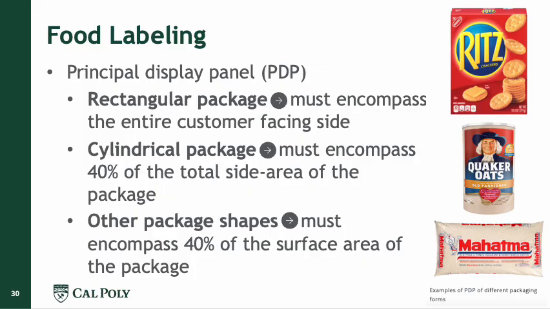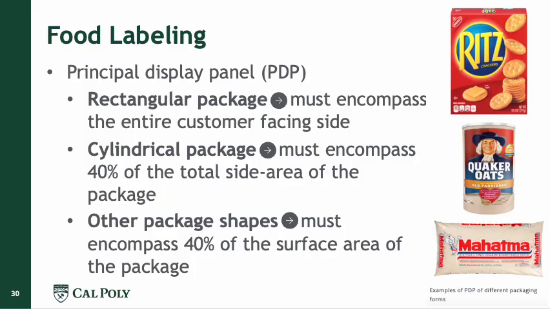The principal display panel is all the front side of the package. If we have a cylindrical package, it must encompass 40% of the total side area of the package. And that's what we can see in the Quaker Oats. If we have other types of shapes, then the PDP should encompass 40% of the total surface area of the package. So these are regulations that manufacturers have to follow.